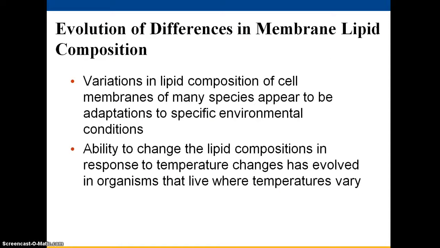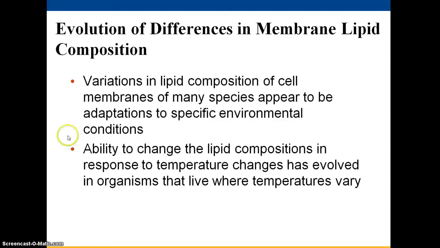Some species appear to be able to change the composition of their phospholipid bilayer depending on environmental conditions. For example, some fish that live in extremely cold environments have a high percentage of unsaturated fatty acid tails in their plasma membrane, and this prevents their phospholipids from packing together too tightly, which allows their membranes to stay fluid.